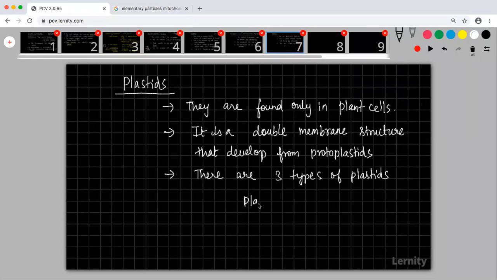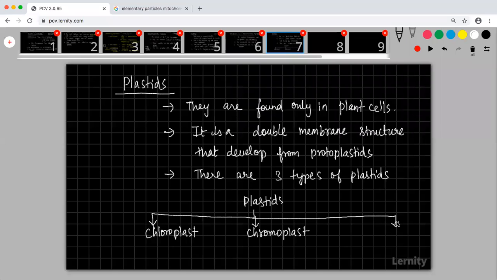You have plastids which are divided into chloroplast, chromoplast, and then you have your leucoplast. You have three different types of plastids.